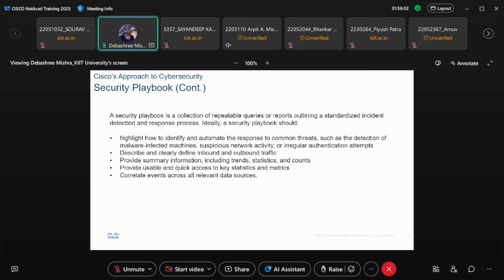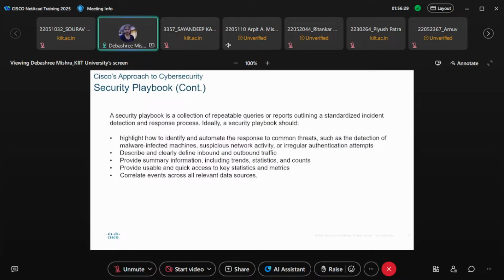It will also describe clearly the inbound and outbound traffic. Next, the overall information, including the trends, the statistics, and the countdowns. It also provides usable and quick access to the key statistics and metrics. Then, last, you correlate events across all relevant data sources.